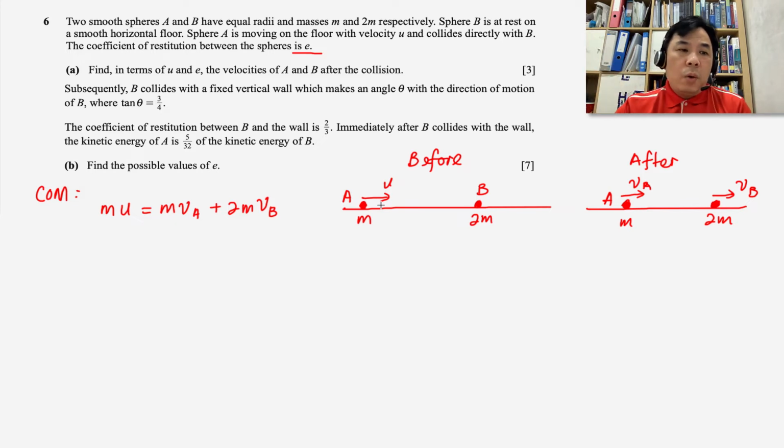Usually for after-collision velocities, you don't need to pay too much attention to the direction, because we have no idea whether it's going to rebound or move in the same direction. Logically speaking, we assume it should be moving in the same direction. So I would like to stress: don't pay too much attention to the sign itself. The equation itself will synchronize the sign later. I hope that's helpful.